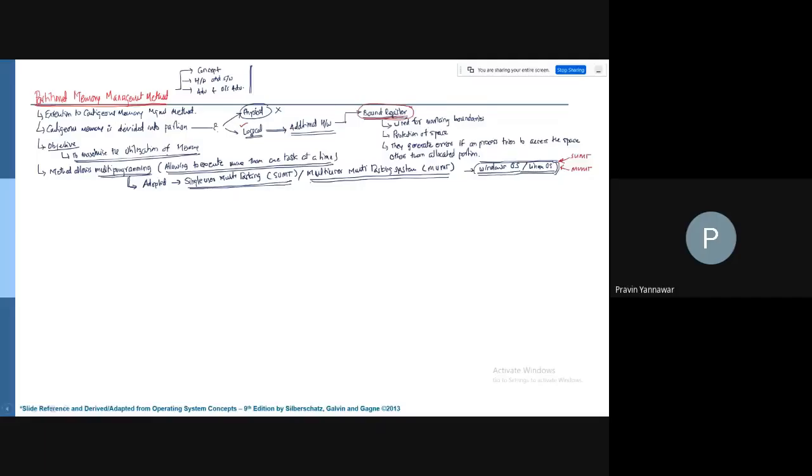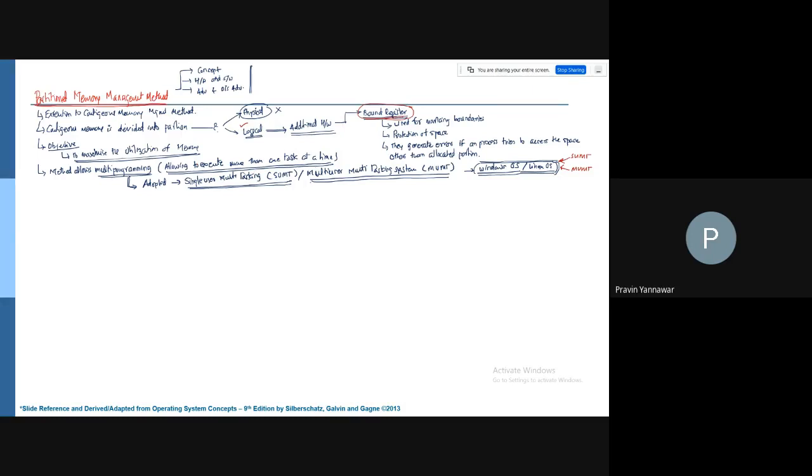So they can generate an error if the process tries to access space other than the allocated portion. This is important. The basic objective behind partition memory management is to maximize the utilization of the memory. This method allows multi-programming, which means the user is allowed to execute more than one task at a time.